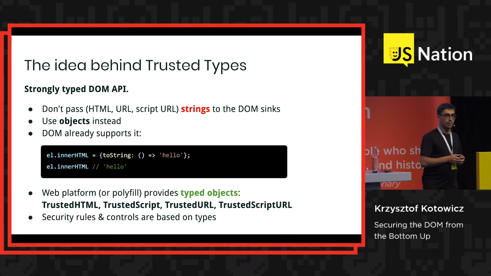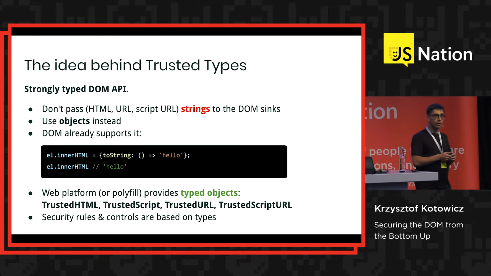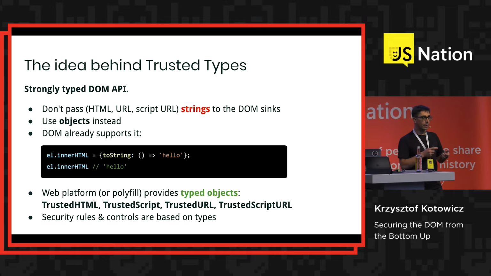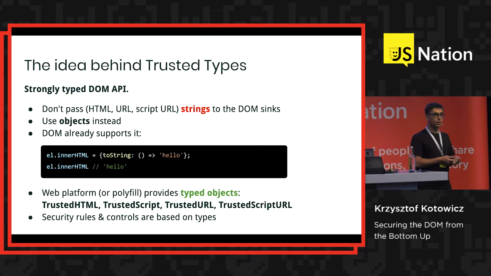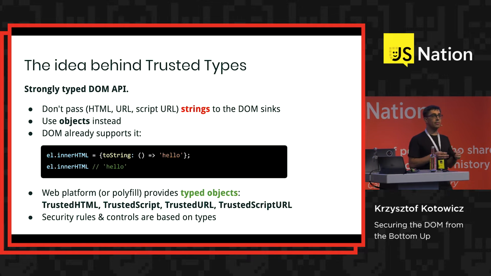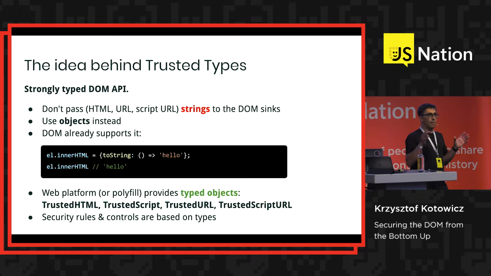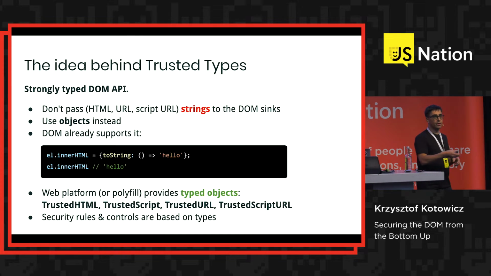With this API, we have introduced 4 different types. The web platform makes them available. They are called TrustedHTML, TrustedScript, TrustedURL, and TrustedScriptURL. TrustedHTML is a type that represents a value that is safe to include in what we call an HTML context. It usually contains an HTML snippet, something that you would assign to, say, innerHTML.